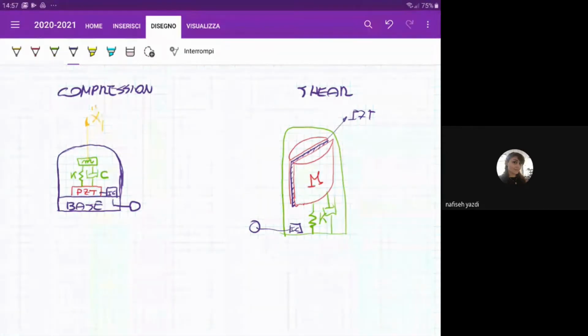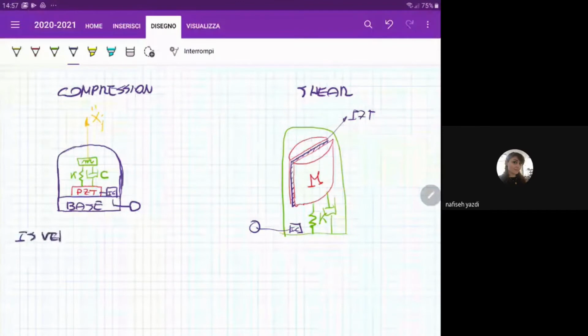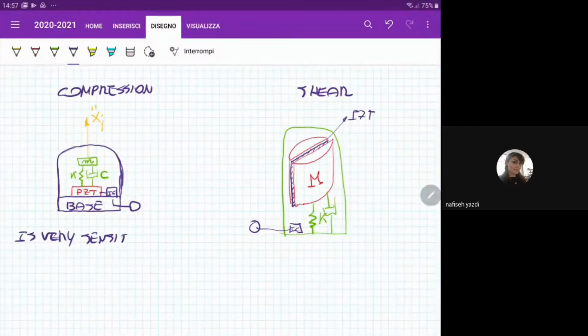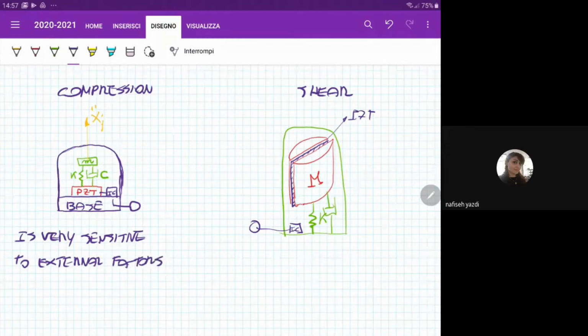The first one, the compression one, is very sensitive to external factors such as the operating temperature and base deformation.